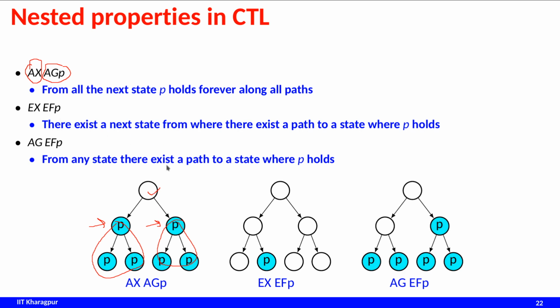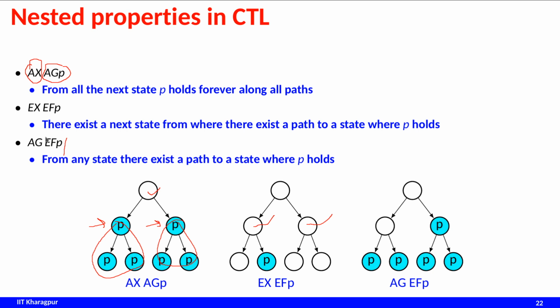Similarly, EX EFP means there exists a next state from where there exists a path to a state where P holds. And we can make different kinds of nesting with A and E properties, like AG EFP.